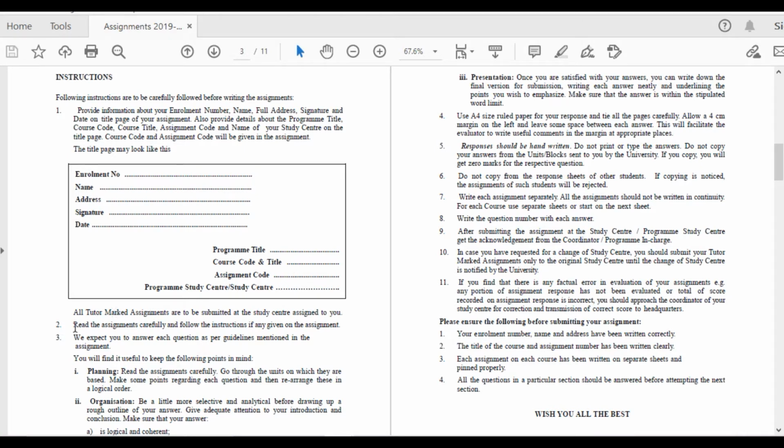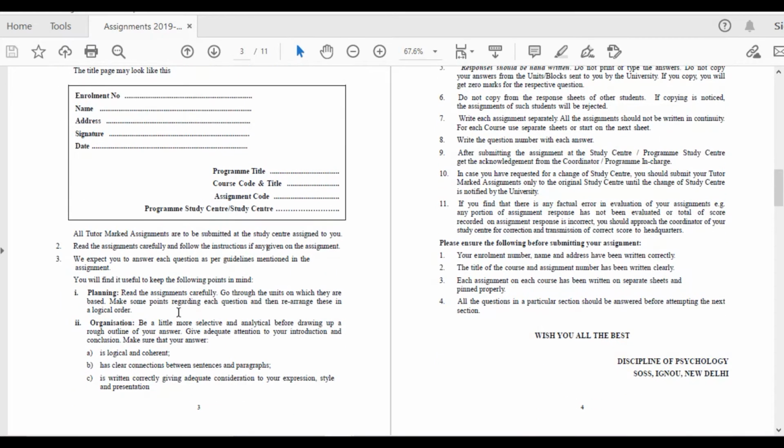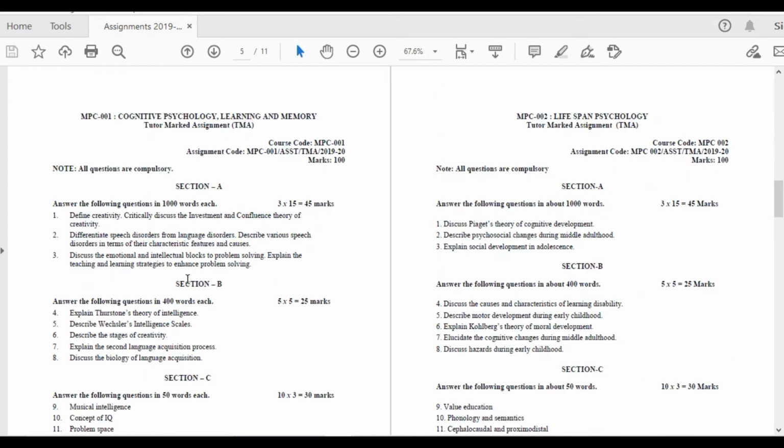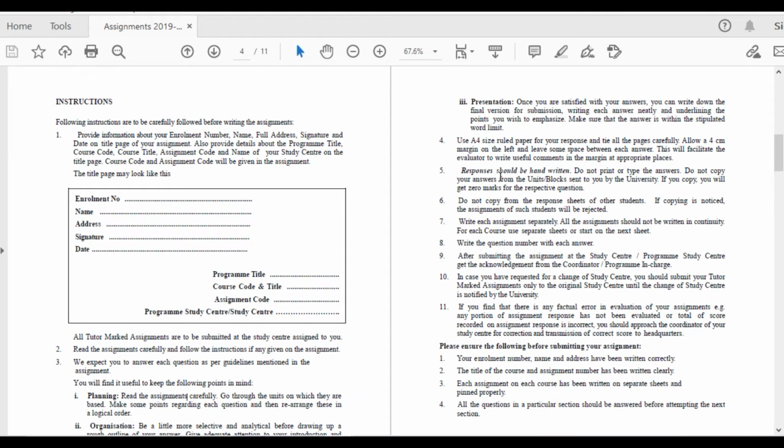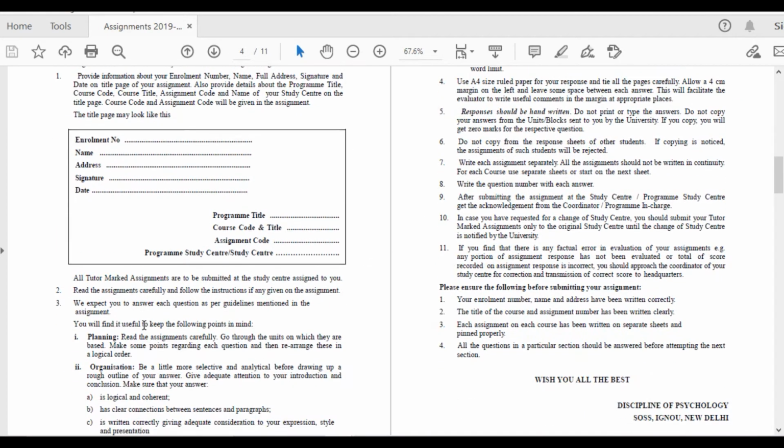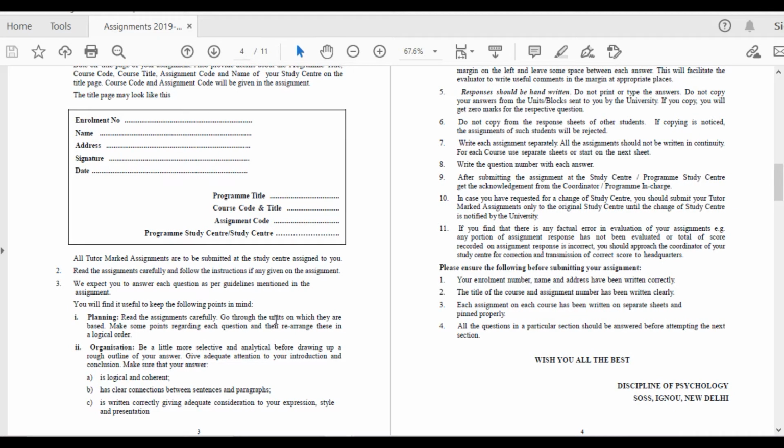Now the second one is read the assignments carefully and follow the instructions. So third one, we expect you to answer each question. So the guidelines are given: planning, organization, and then the presentation. So planning means, they have mentioned first the assignment needs to be read, then go through the units on which they are based.